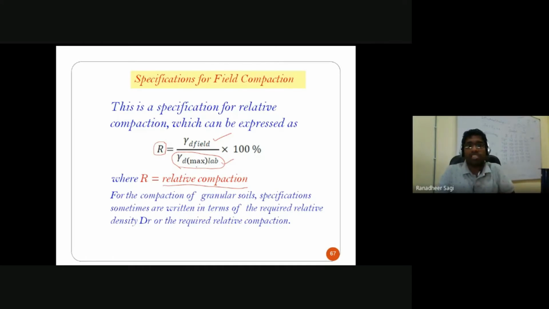The maximum dry unit weight from the lab is in the denominator, and in the numerator is the dry density of the soil in the field. If I determine that dry density and calculate that ratio, this ratio is what we call relative compaction. We should target to achieve at least 90 to 95% relative compaction for the soil in the field.